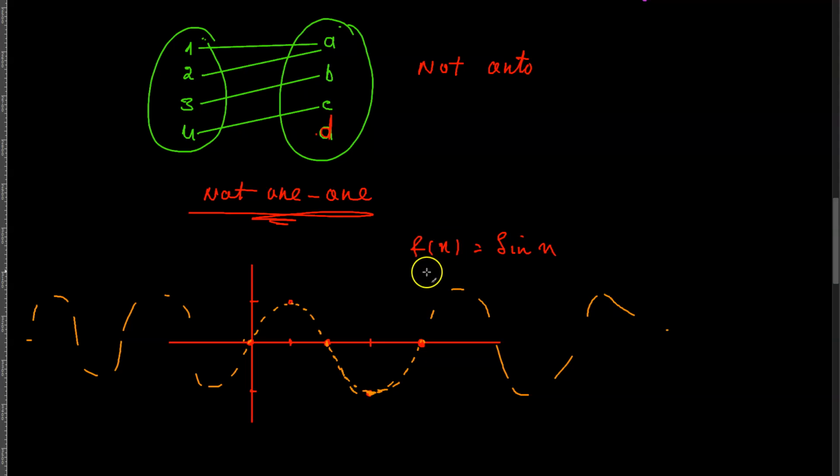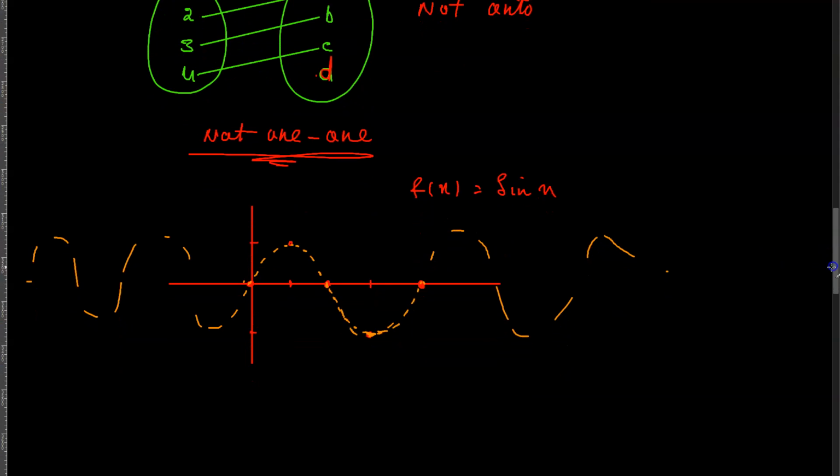Which means that of course the function is not 1-1. It is onto, there is no problem with that. But the function is not 1-1, meaning that, for example, you can see that basically over here the value of the output of the function, but actually over here.